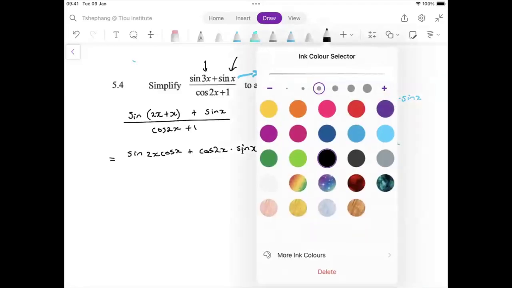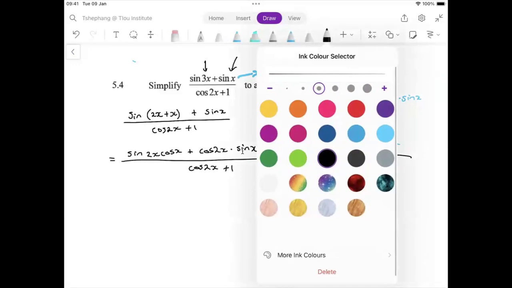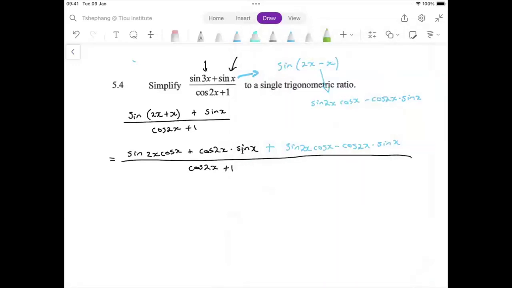Now this is all over cos 2x plus 1. Surely there are some things that can cancel out. Let's locate the like terms. Sine 2x cos x and sine 2x cos x are like terms, but those ones are not canceling, they are adding each other up.